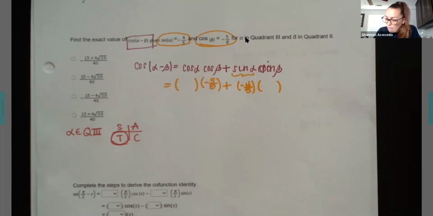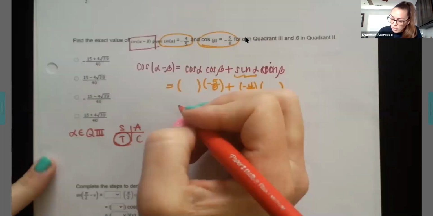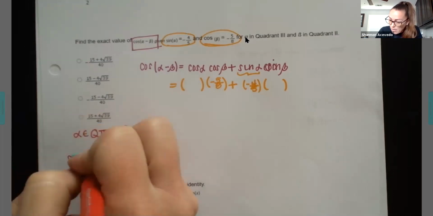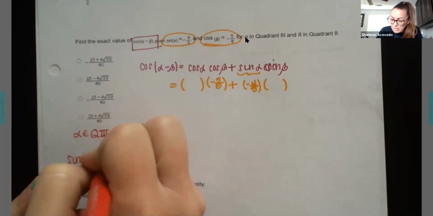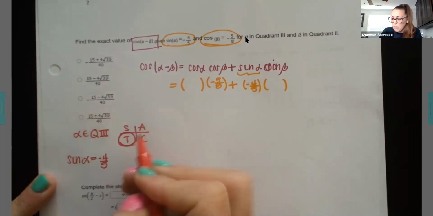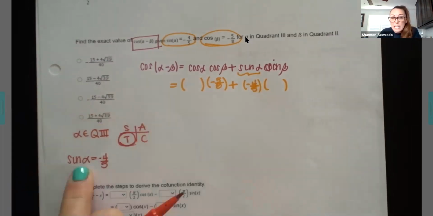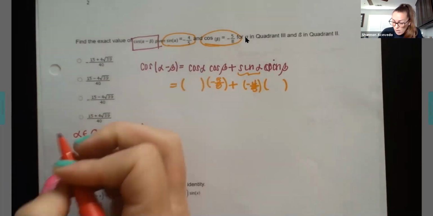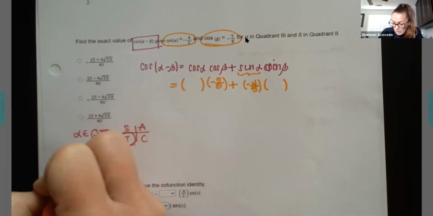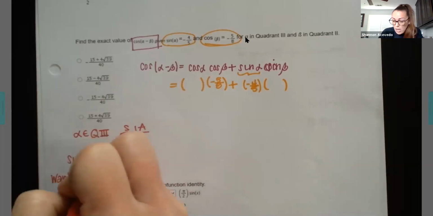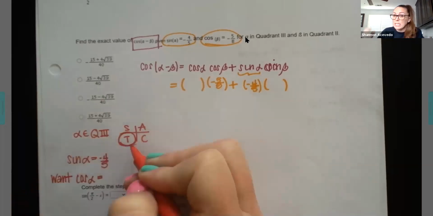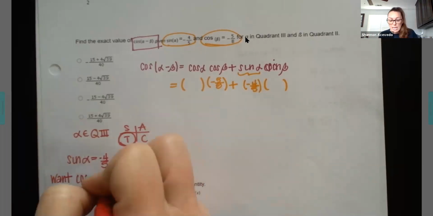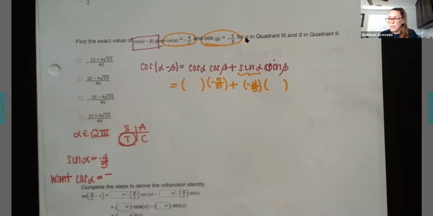I was also given that sine of alpha is -4 fifths, which makes sense. It has to be negative because tangent would be positive. What I need is cosine of alpha. I already know because we're in quadrant 3, tangent's the only one positive, so cosine has to be negative. But I don't know what those values are.